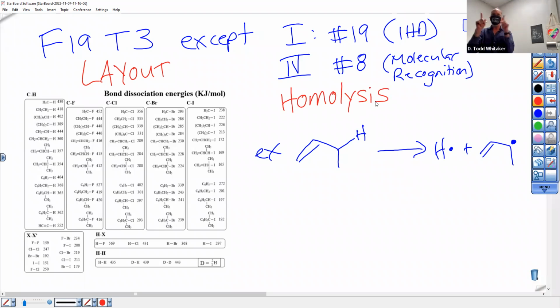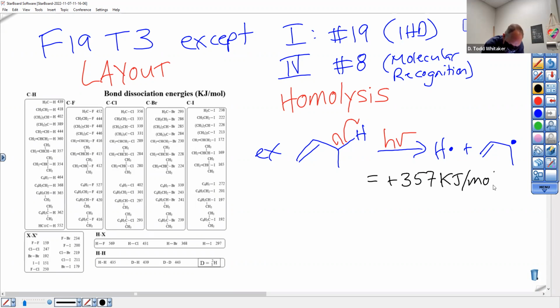It says take a bond and break it evenly. That's your hooks. These are your hooks. And the thing that caused that was the H nu. And I'm going to tell you, in this specific example, the amount of H nu required was exactly 357 kilojoules for every mole of bond you broke.